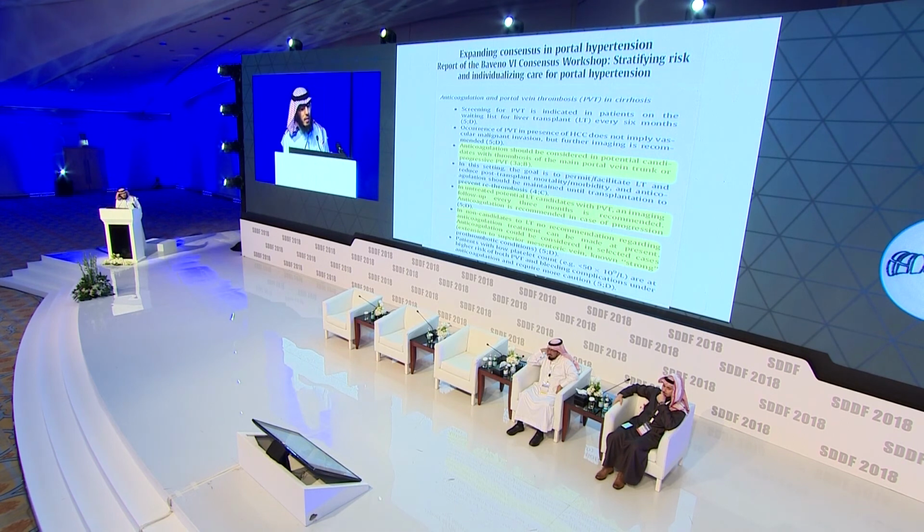And in an untreated potential liver transplant candidate with PVT, you need to follow your patient with imaging to look for extension to the superior mesenteric vein thrombosis. And if there is extension, then you need to consider anticoagulation in those patients. In non-liver transplant candidates, no recommendation can be made at present, and you need to consider anticoagulation on a case-by-case basis.